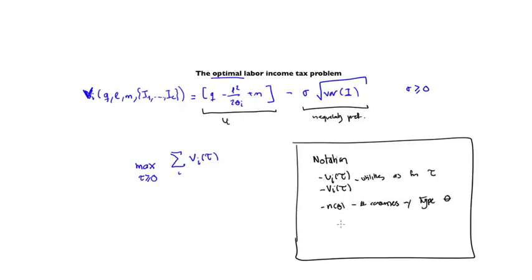It could be 0, it could be a positive integer. And then I'm going to write by I_theta of tau what is the income after tax, or the total income after tax, of a type theta, as a function of the tax. This is really going to simplify the notation in a second.